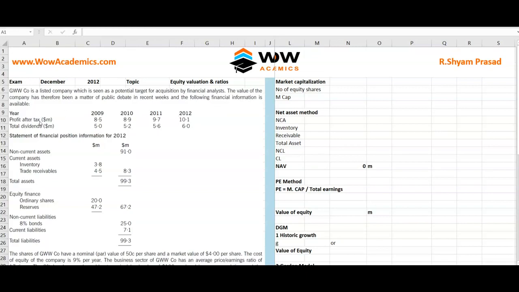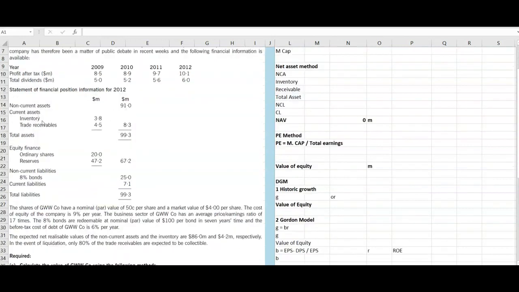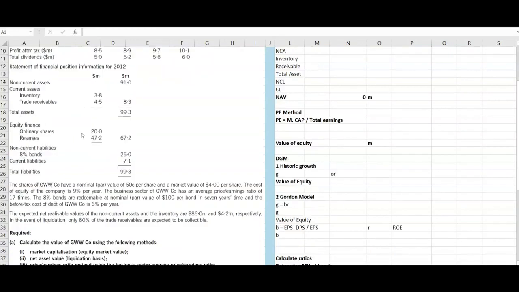They have given you profit after tax in million, total dividends in million, and the statement of financial position for the 2012 year. So we have non-current asset, inventory, trade receivable, ordinary shares, reserve, bonds and current liabilities. They have given a lengthy amount of information.